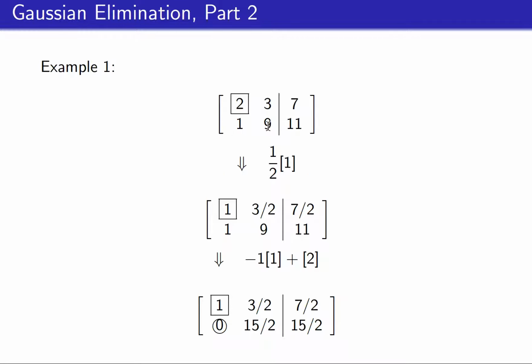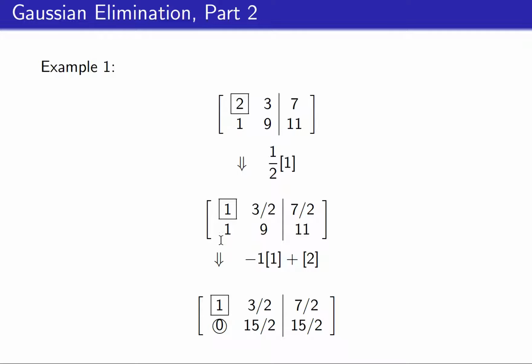And the idea is I'm going to start with making this first column correct. Okay, I'm only going to work with this first column. And I start with making this a 1. Okay, that's why I put it in a box. I'm going to do that first. And then I'm going to use this 1 to make this a 0. So I first get the 1 here. That's correct.